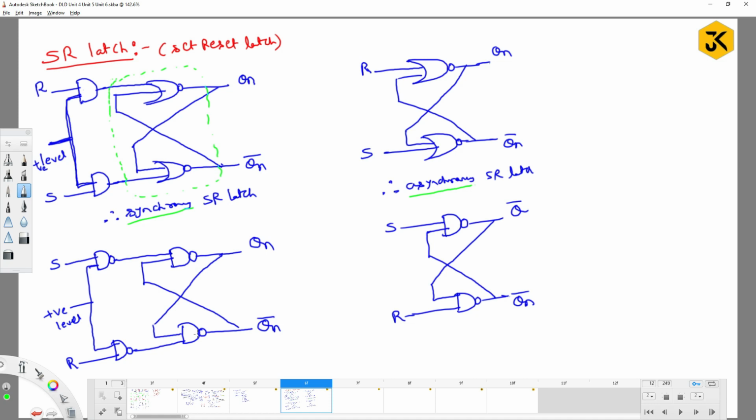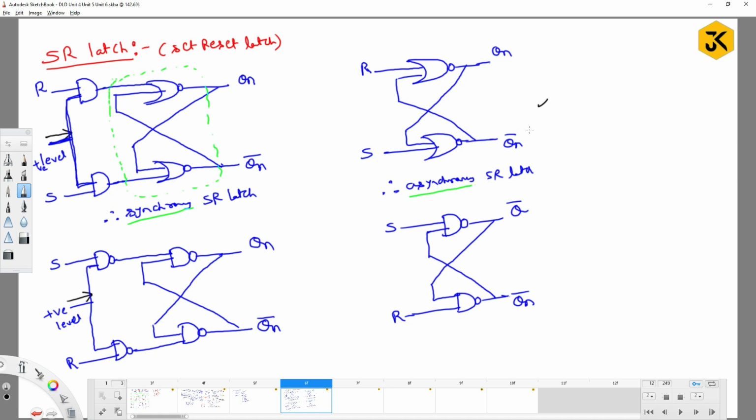Yes, right? So what we can do? Basically, if I draw it like this, can I call this an SR flip-flop? Yes or no? If I put a single positive edge arrow here, I can call this an SR flip-flop, right? But there is no point in calling it a latch or a flip-flop here, because we are not using controlling lines directly.